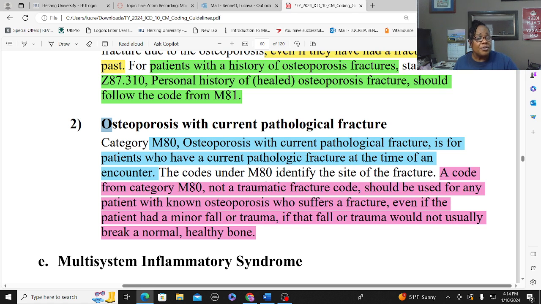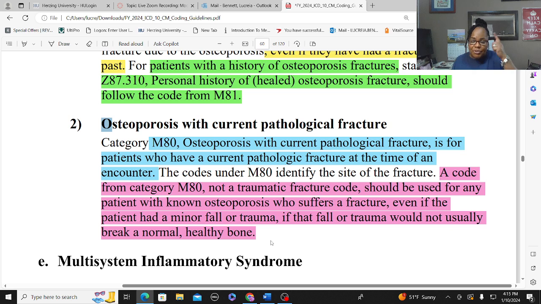The codes under M80 identify the site of the fracture, and a code from category M80, not a traumatic fracture code, should be used for any patient with known osteoporosis who suffers a fracture, even if the patient had a minor fall or trauma, if that fall or trauma would not usually break a normal, healthy bone.